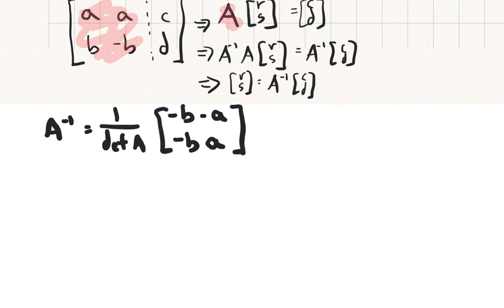So we need to determine what the determinant of A is. That's just AD minus BC.